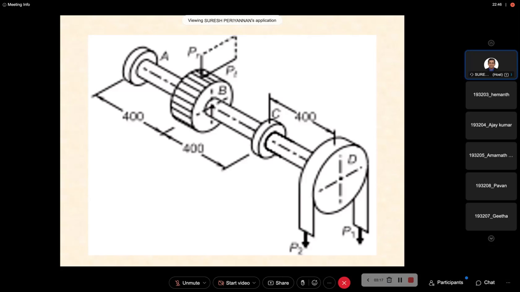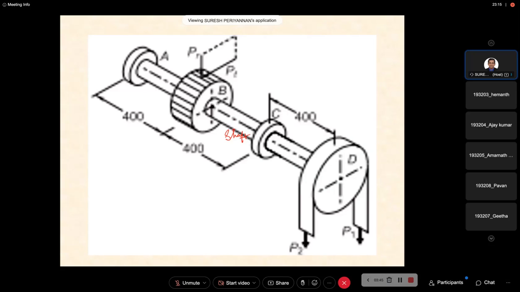That's why I show this figure at the beginning of every chapter. Now, to recap what we discussed as of now: we discussed shaft design, shaft and keys design, before the midsem.